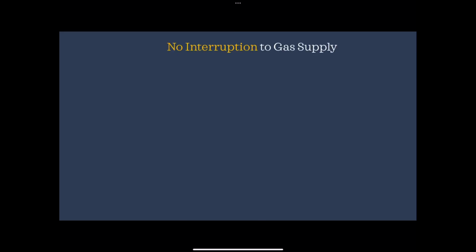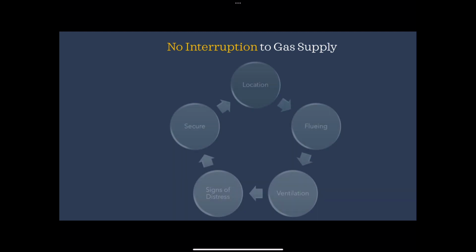Now, when it comes to no interruption to the gas supply and the actions you must carry out, as I said, there are 5 of them. You've got to check the location, the fluing, the ventilation.